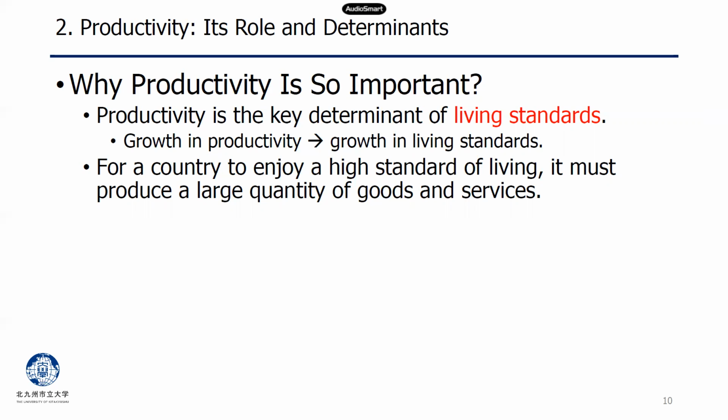The more products we have, the better our life is. So having 2 refrigerators is better than having 1 refrigerator. Having 3 cars is better than having 1 car. So if we are able to make more, then our living standard is higher.